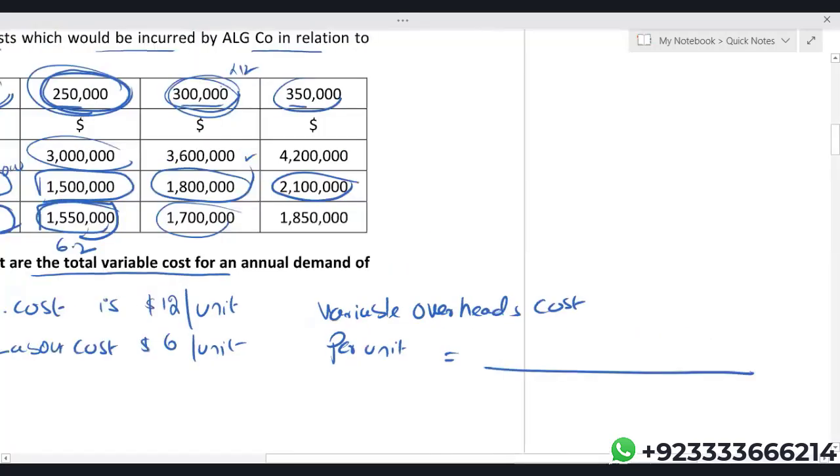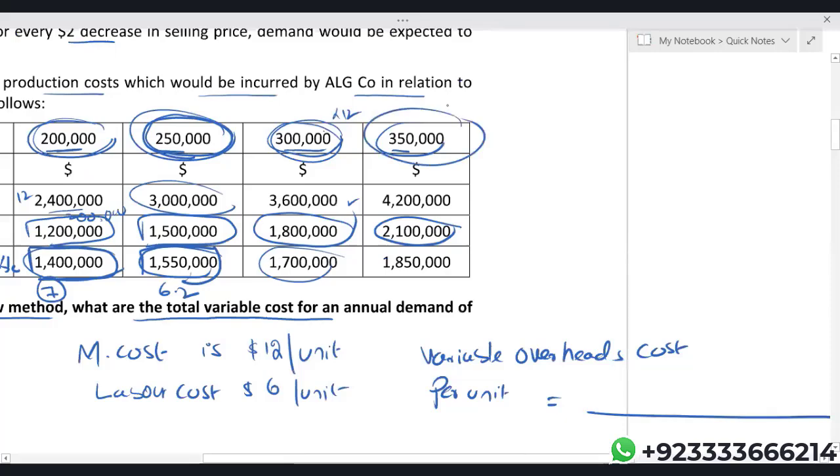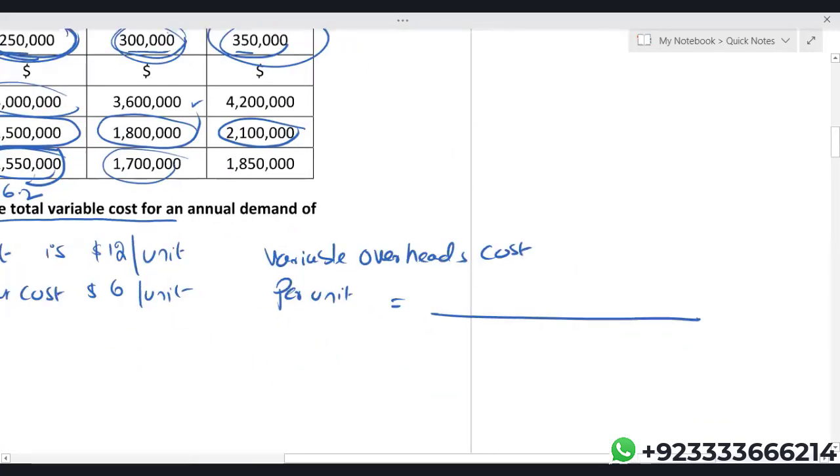The highest activity level is 3,50,000, and the overhead cost at the highest activity level is 1,850,000.